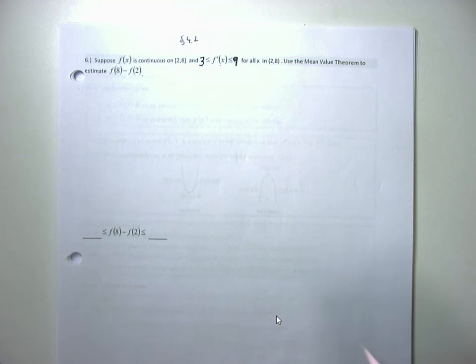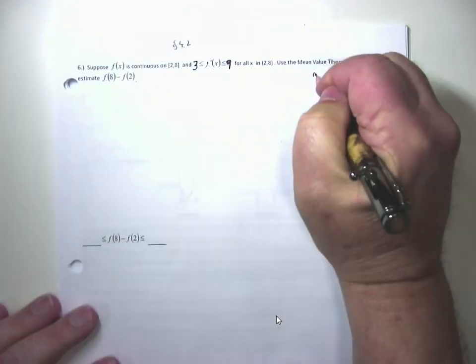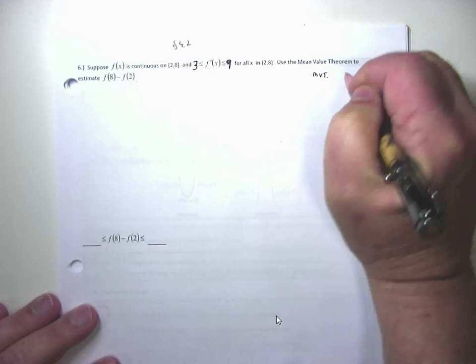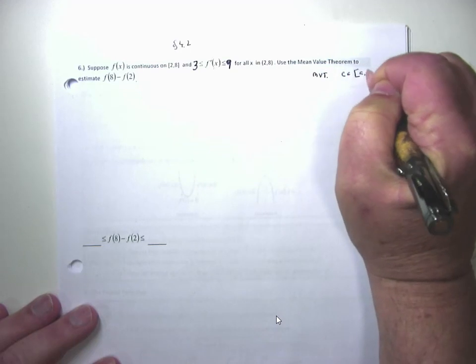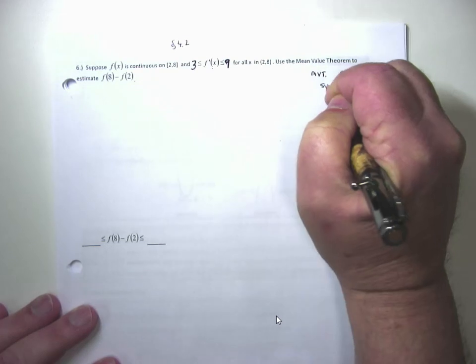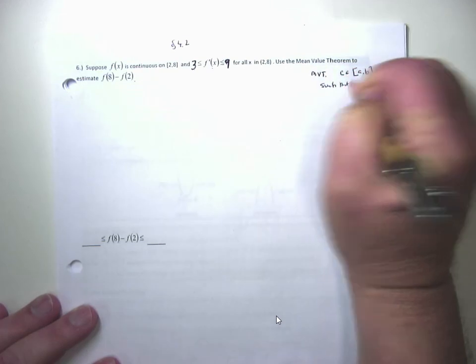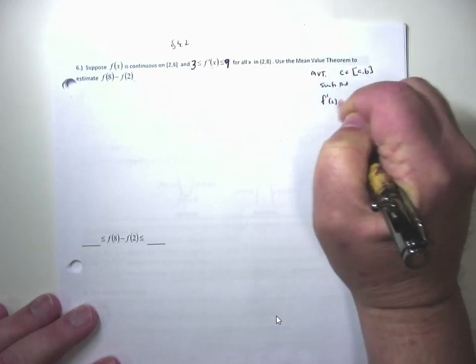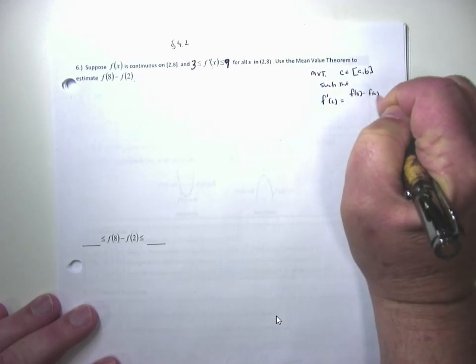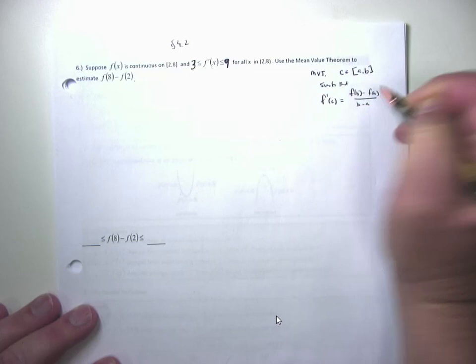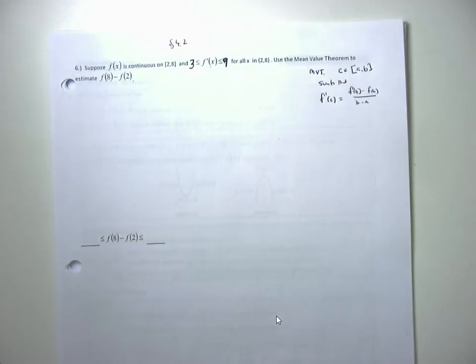Now, if you remember the mean value theorem, it stated that there exists a c in the interval between a and b such that f prime of c would be equal to f of b minus f of a over b minus a, provided that the function was continuous on the closed interval and differentiable on the open interval.